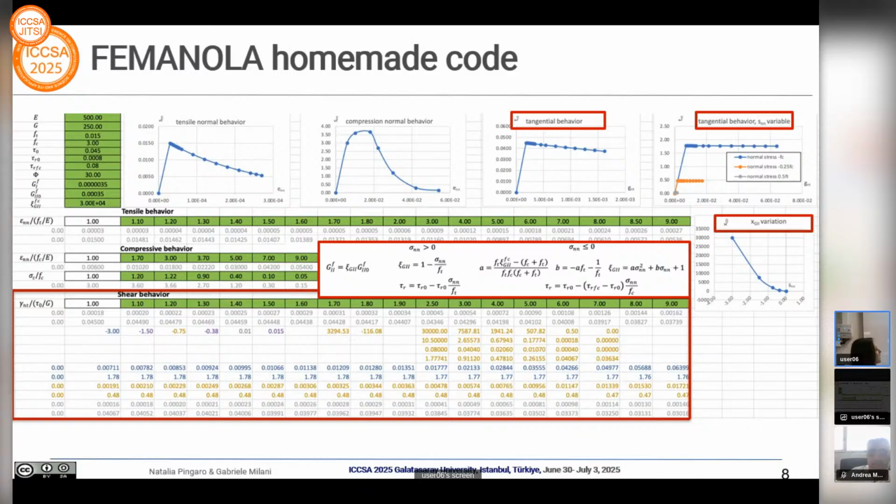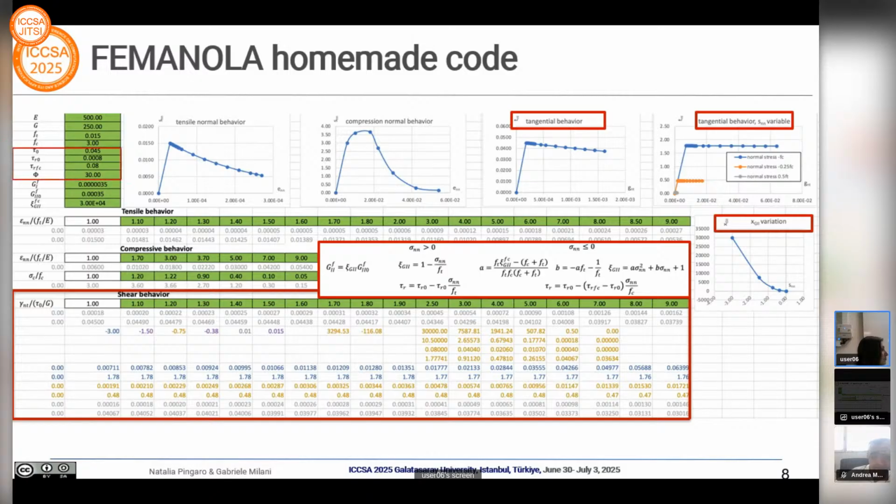Finally, the tangential behavior is defined by a linear exponential relationship between shear strain and shear stresses, which is influenced by the normal stresses acting across the interface. This relationship follows a cohesive frictional law. In this case, the parameters used are the following.